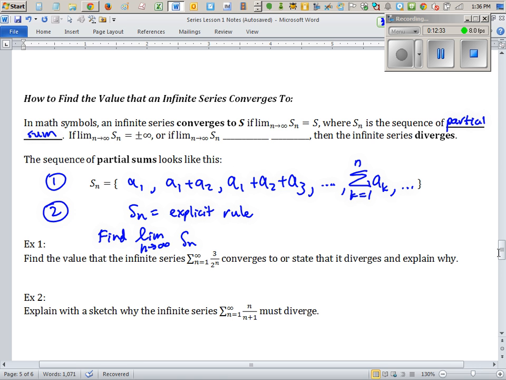Then you write down an explicit rule for S sub n. And lastly, you find the limit. Now, if this limit is plus or minus infinity, or if it doesn't exist, then this series diverges. Okay, we'll definitely do example 1 and 2. We may or may not get to example 3.